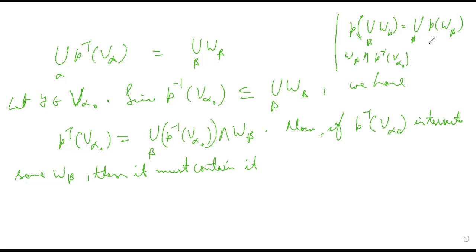But that is not possible because V alpha naught and that other V alpha are disjoint, and W beta being connected, P of W beta will be connected. So if this intersects some W beta, then it must contain it, right?